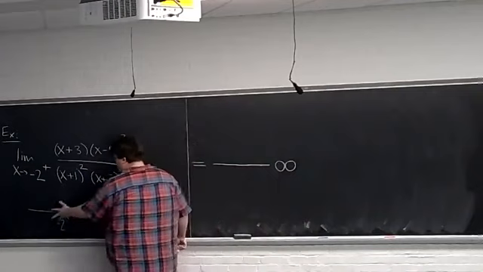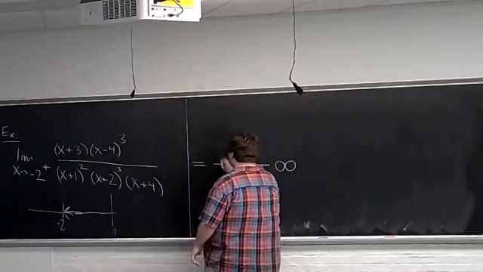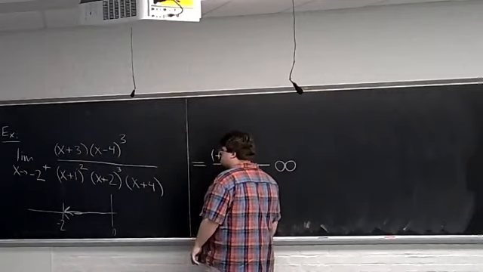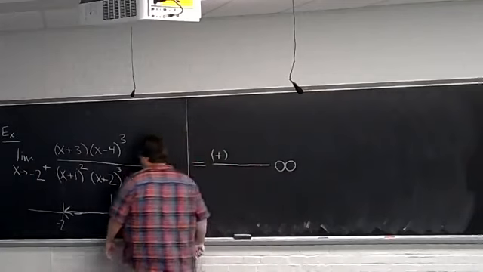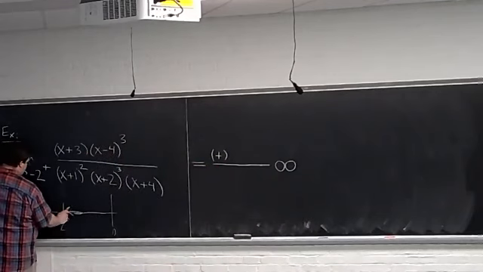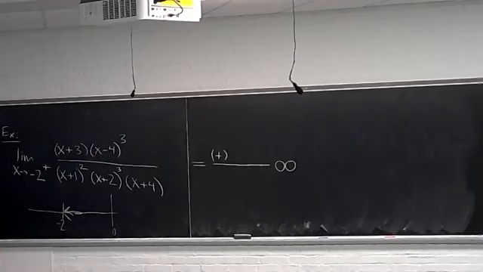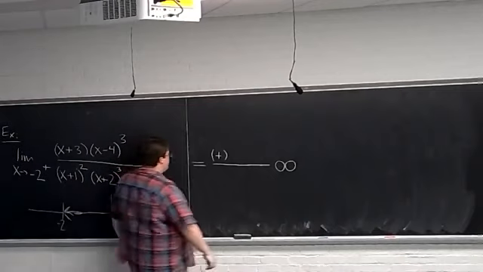take numbers on the right of -2, add 3. Well, that's going to push you to the other side of 0, making a positive. Take numbers on the right of -2, close to -2, subtract 4. Well, that's still going to be negative. It becomes more negative. So we have a negative.